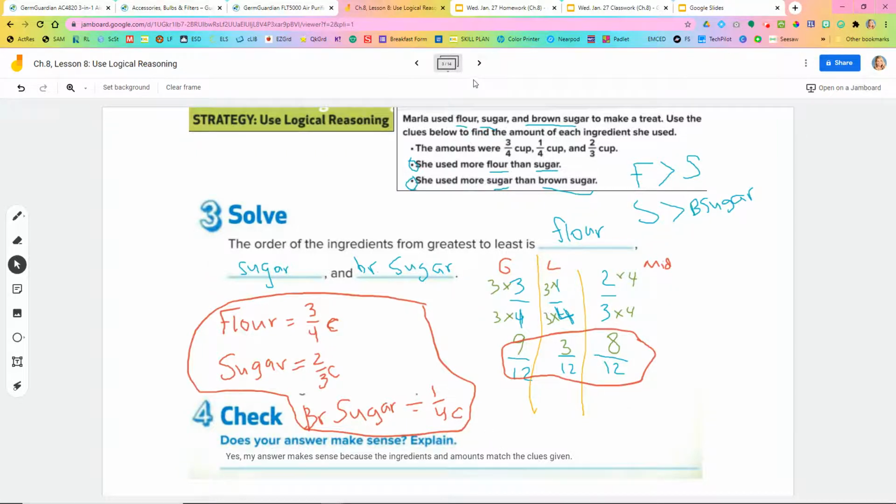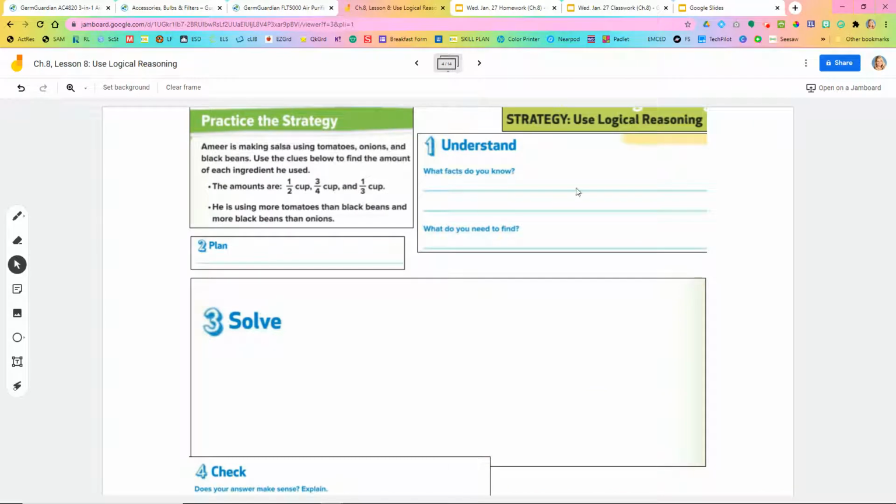So let's take a look at another example. Okay, so on this example, Amir is making salsa using tomatoes, onions, and black beans. All right, so I'm understanding the problem. I'm underlining what they give me. Use the clues below to find the amount of each ingredient he used.